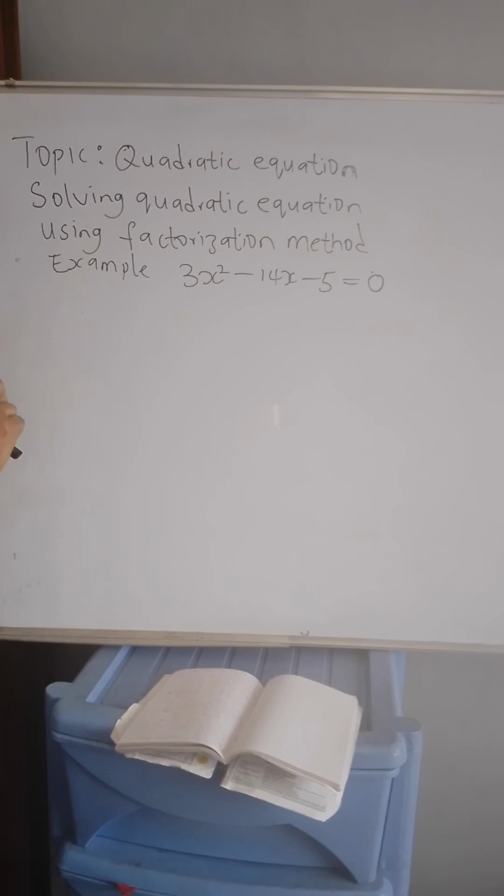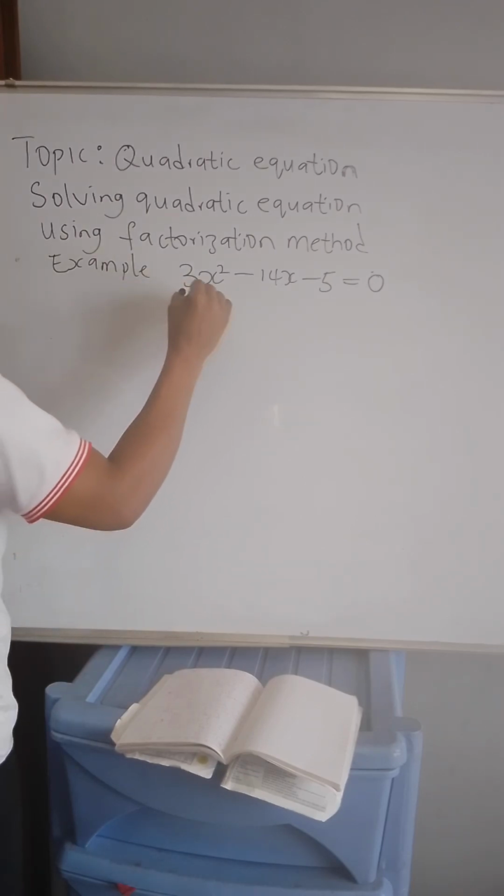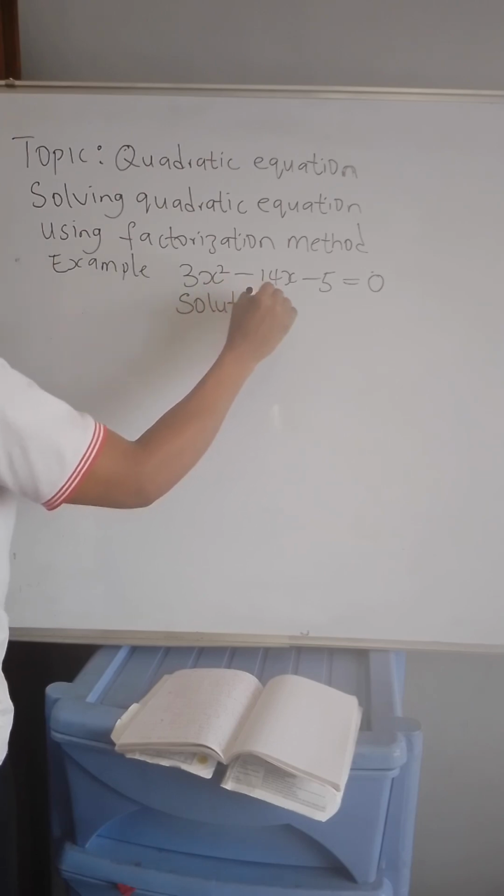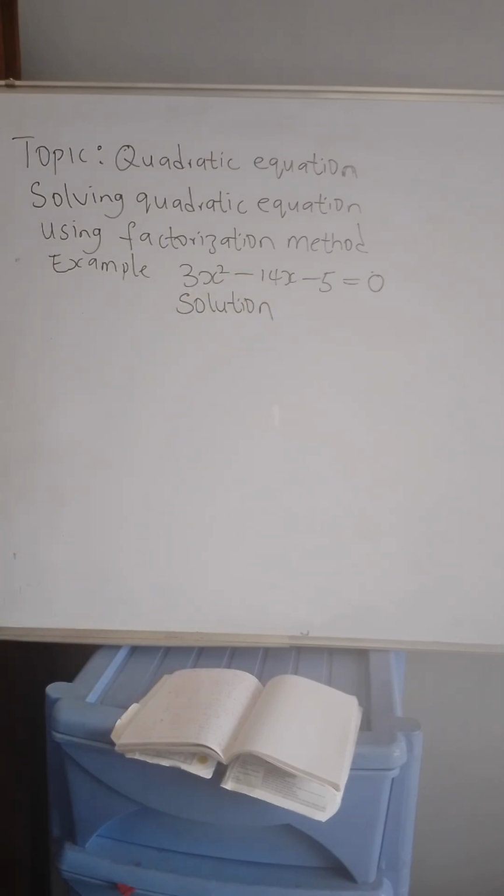So step 1, solution. Step 1, check if the leading coefficient is lesser or greater than 1. If the leading coefficient is greater than 1, you multiply it by the constant.